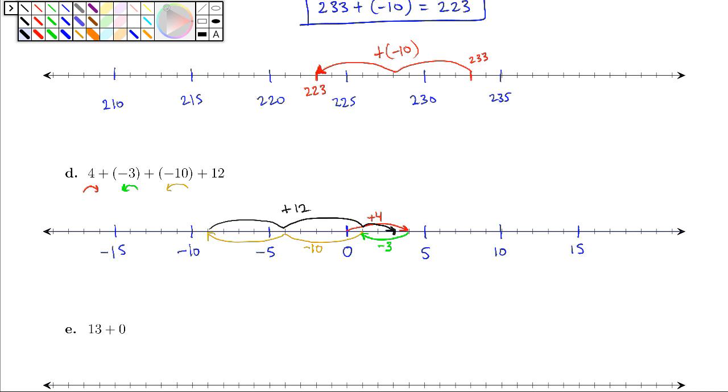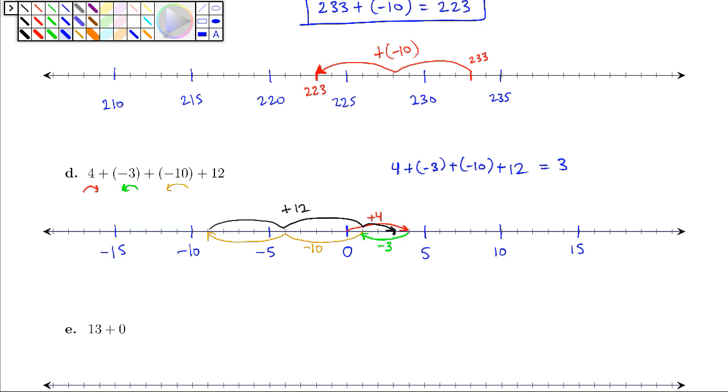Looks like 4 plus negative 3 plus negative 10 plus 12 equals 3. And since addition is commutative, you notice we can also gather the positive numbers and the negative numbers together. That's another way that some people like to do it.